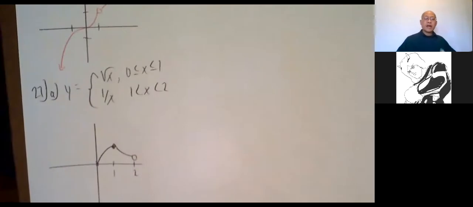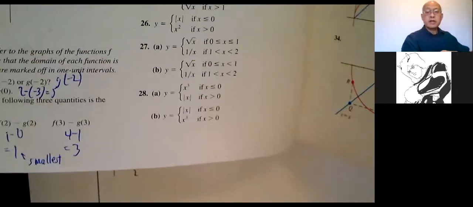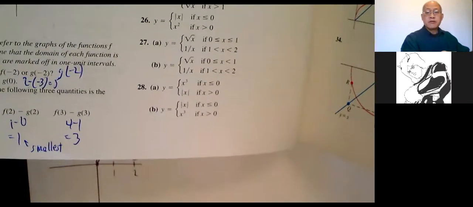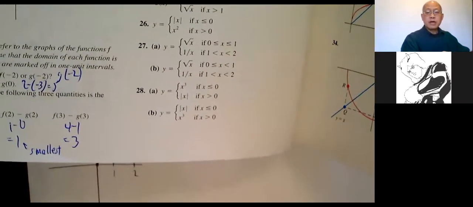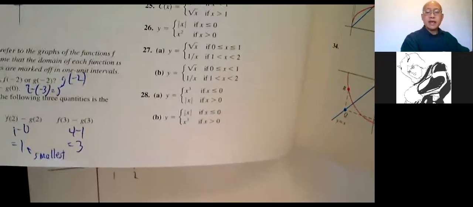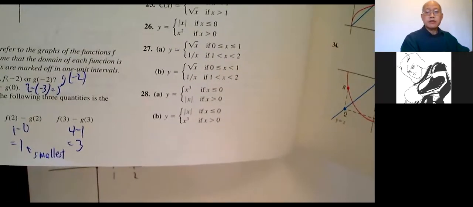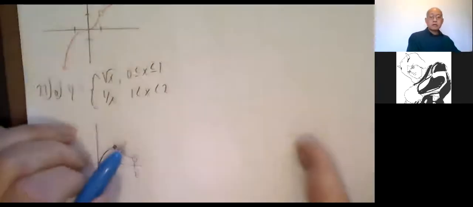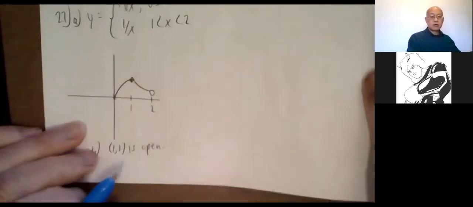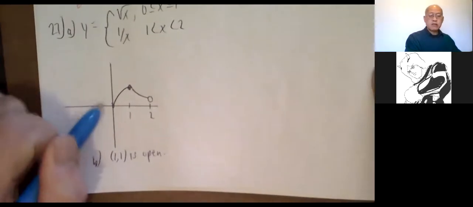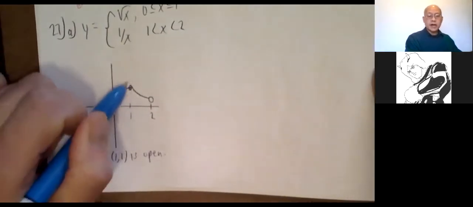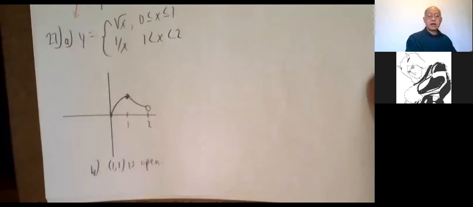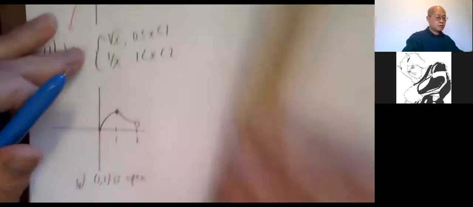So again, if you look at A and B, the only difference is for B, for radical x, 0 is less than or equal to x, strictly less than 1. A was less than or equal to 1. Everything else is the same. So just have an open circle. So (1, 1) is open. So just graph the same thing, draw that, except that's an open circle. And that's what I was going to show you right there.